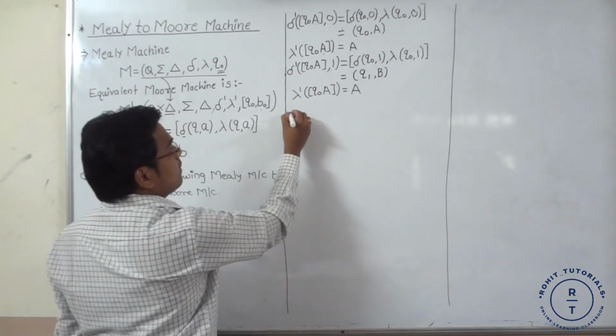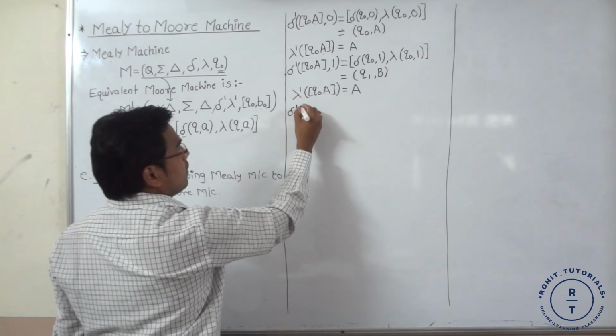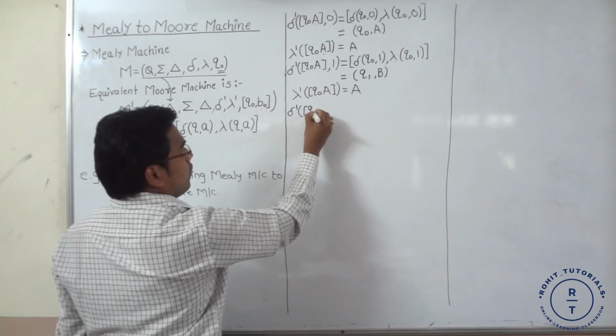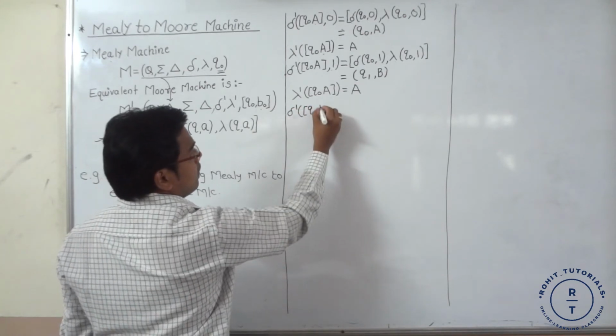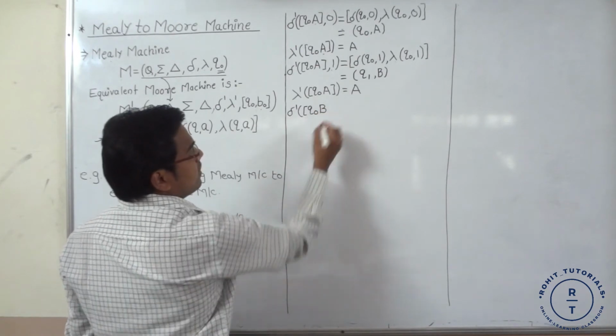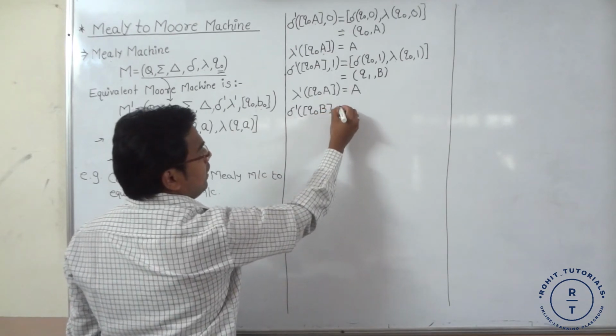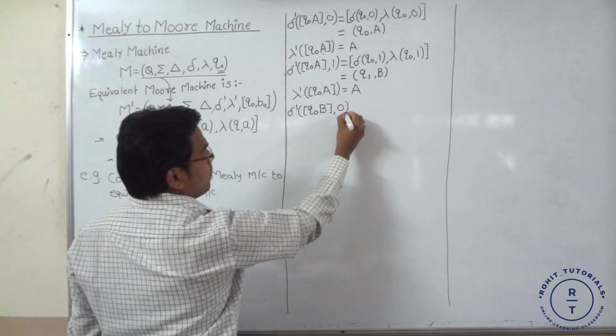Now next is transition Q0 state, B output is there and input is suppose 0.